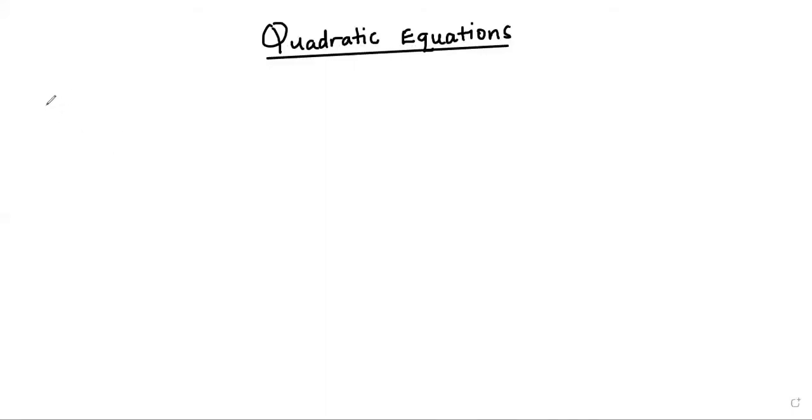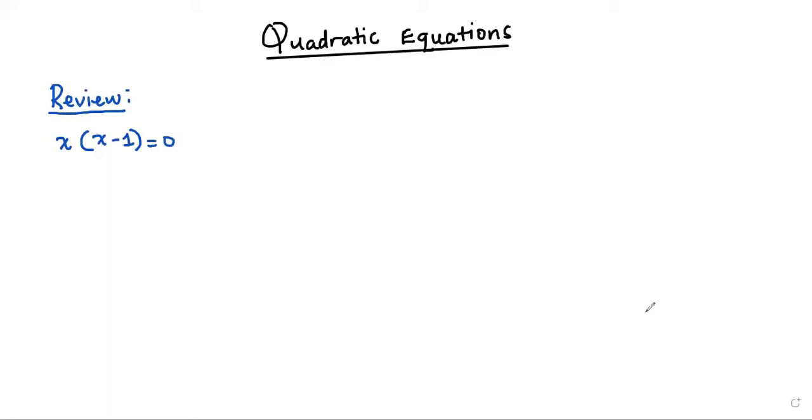For example, we had an equation like x into x minus 1 equals 0. And we said that we all know that to get 0 in multiplication, one number must be 0.